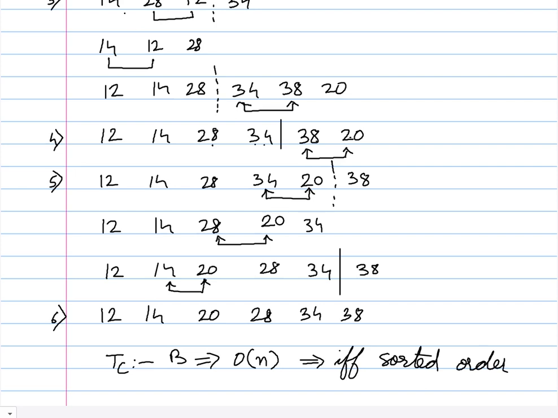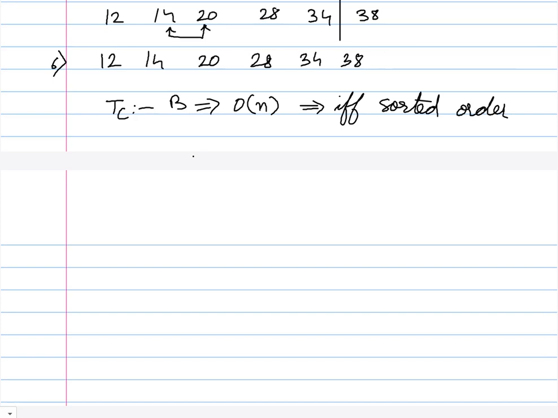Only then can we get the best case complexity of big O of n. Else, for the average and worst case, time complexity is big O of n square. That's the reason why we do not commonly use the insertion sort algorithm.